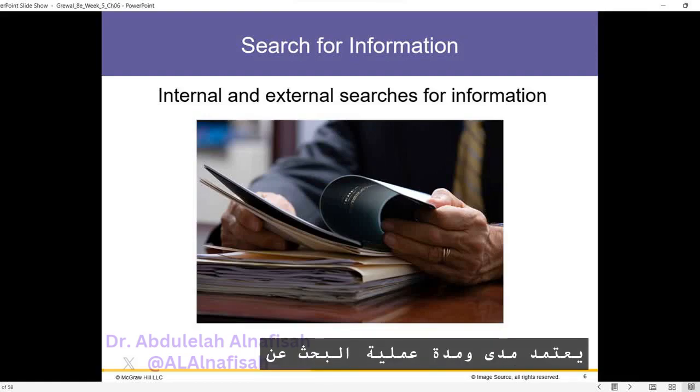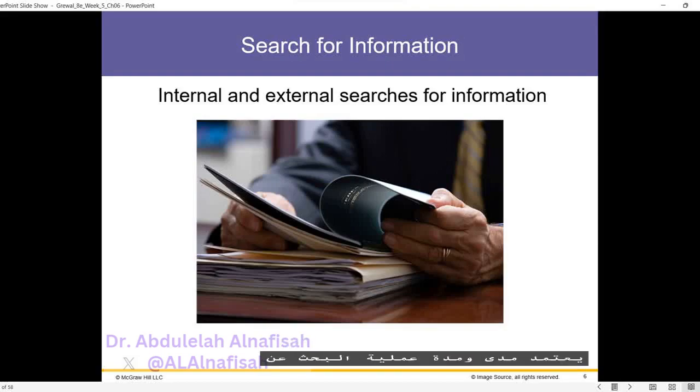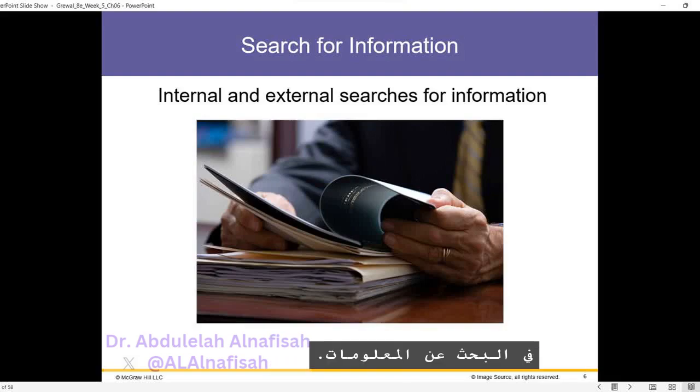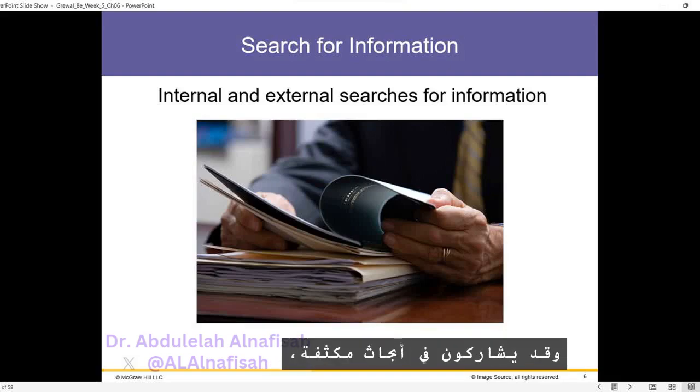The extent and duration of the information search process depend on the perceived importance and complexity of the product or service. If the product is expensive, carries high risk, or is of significant personal importance, consumers are more likely to invest more time and effort in searching for information. They may engage in extensive research, consult multiple sources, and compare different options before reaching a decision.